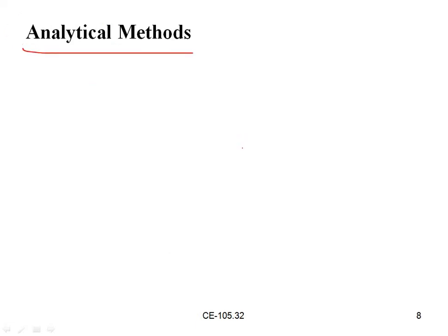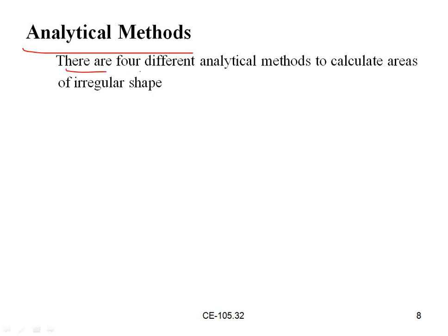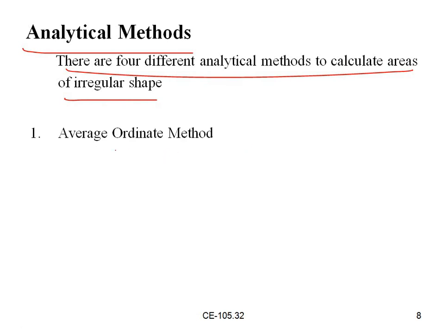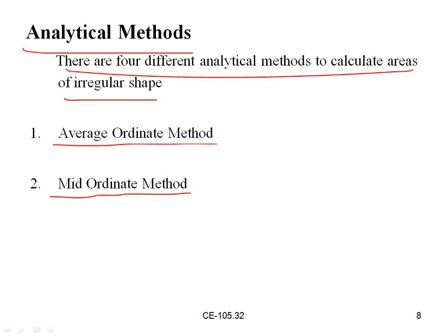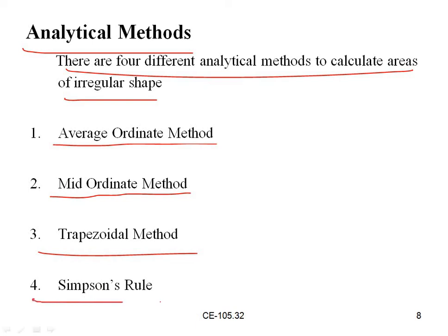Analytical methods. There are four different analytical methods to calculate areas of irregular shape. One is average ordinate method. Second one is mid ordinate method. The third one is trapezoidal method, and the fourth one is Simpson's rule method.